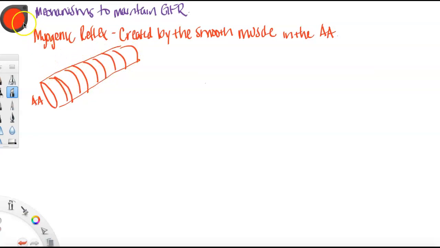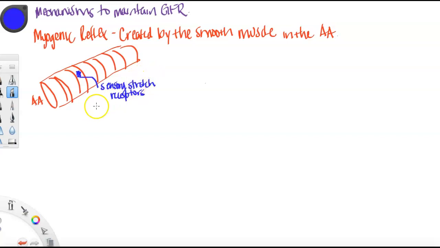Okay, and within these bands of smooth muscle, there are little receptors. And these receptors are stretch receptors. So sensory stretch receptors. And obviously they respond to stretch.